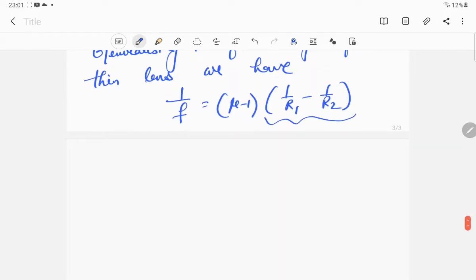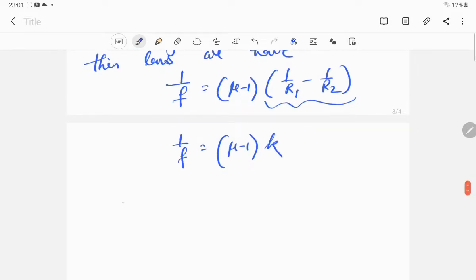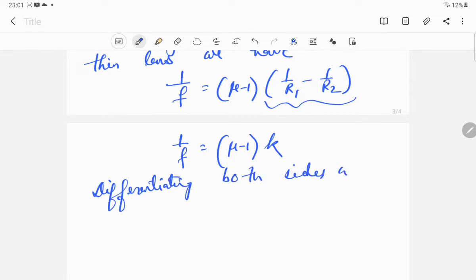You can see this bracket is almost constant for every lens, so I will name it k: 1/f = (mu - 1)k. Now differentiating both sides. Let me name it equation number 1, and let the other be equation number 2.